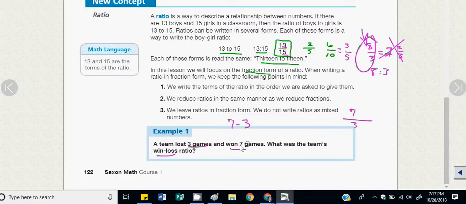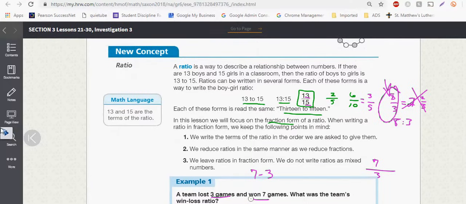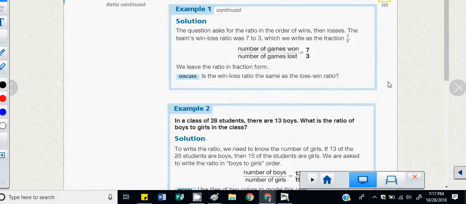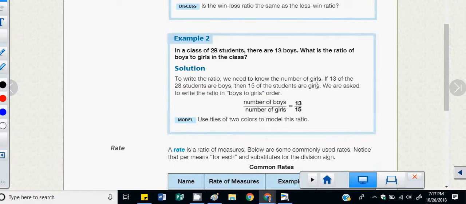Loss, 7 to 3, is our ratio. It shows relationships between numbers. Is the win-loss going to be the same as loss-win? No, because then it would be 3 to 7. Order does matter according to those rules for ratios on the previous page.